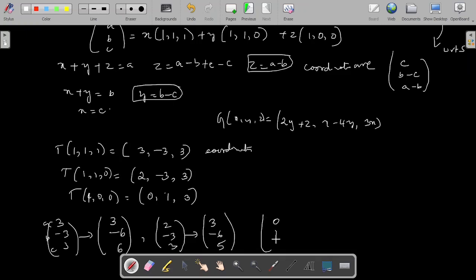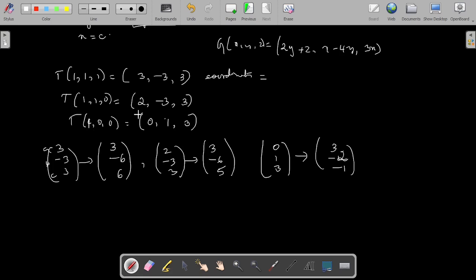Then 0, 1, 3 goes to c is 3, b minus c minus 2, a minus b minus 1. That means this is 3 times 1 comma 1 comma 1 minus 6 times 1 comma 1 comma 0 plus 6 times 1 comma 0 comma 0. That's why the coordinates are 3, minus 6 and 6.